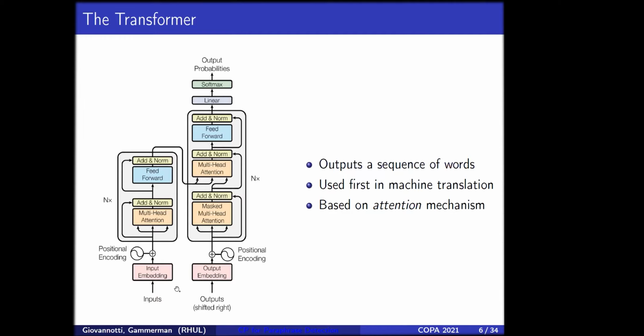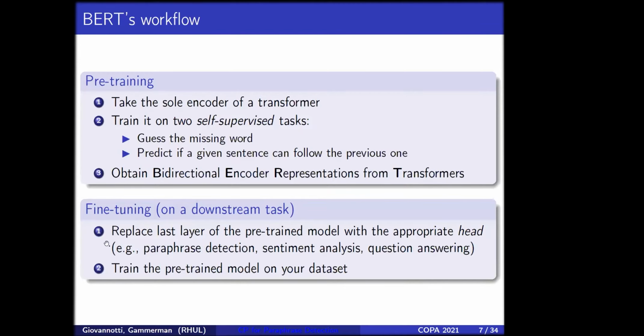Another team at Google then decided to isolate the first part of the transformer, which is called the encoder, and use it to build another architecture, which is called BERT. The workflow of BERT is the following. In the pre-training phase, we take the sole encoder of a transformer, and we train it on two self-supervised tasks.